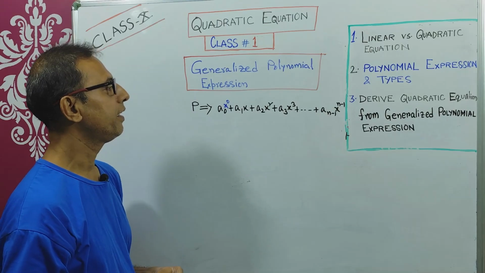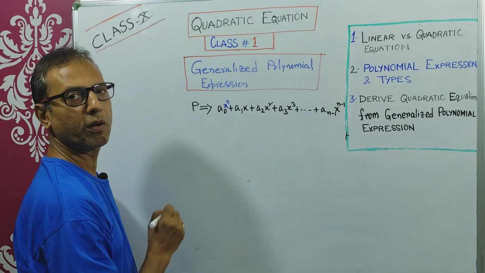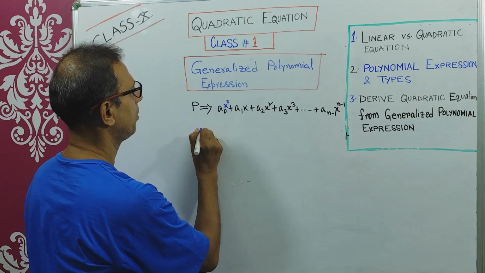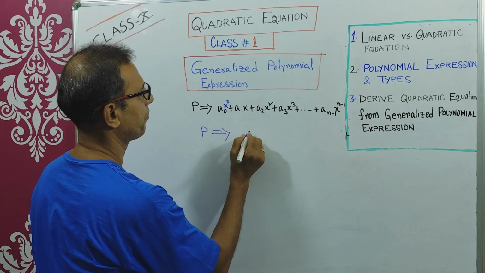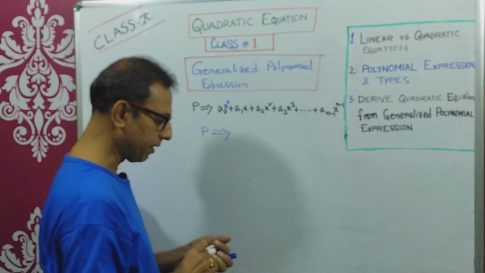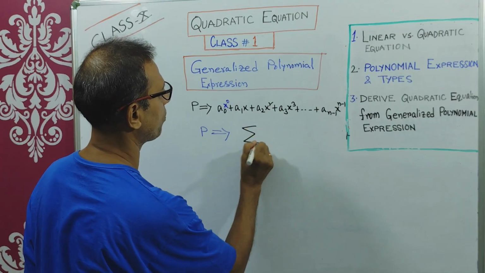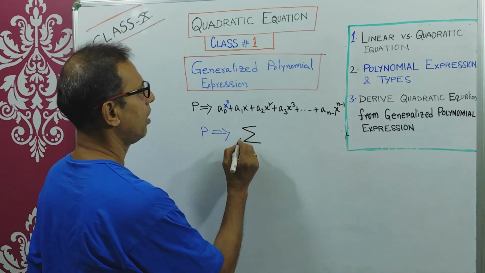How you can write down the generalized expression from this one? First of all, it is also through addition. That means it's a summation part. So it is a summation formula, right?